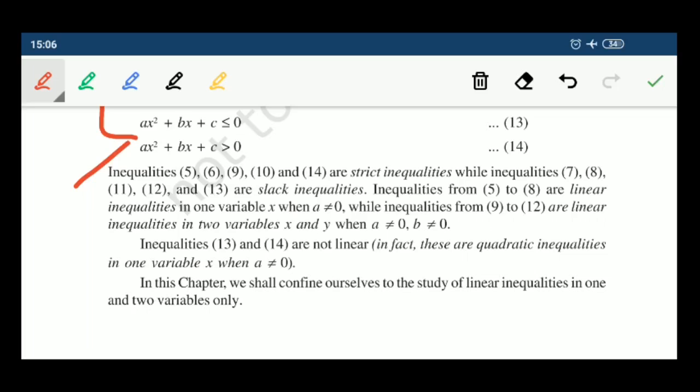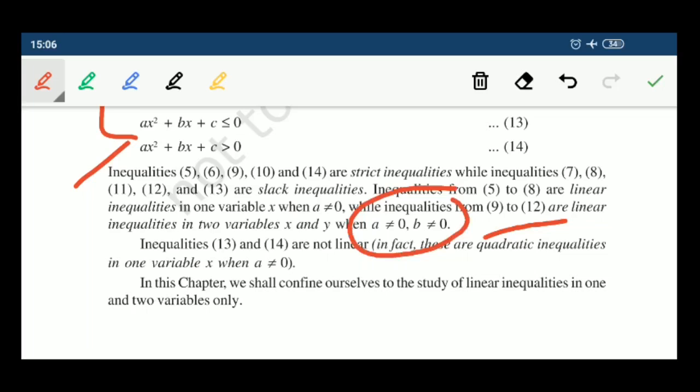Inequalities from 5 to 8 are linear inequalities in one variable x, where a is not equal to 0, while inequalities from 9 to 12 are linear inequalities in two variables, due to the presence of the two variables x and y, where a is not equal to 0 and b is not equal to 0.